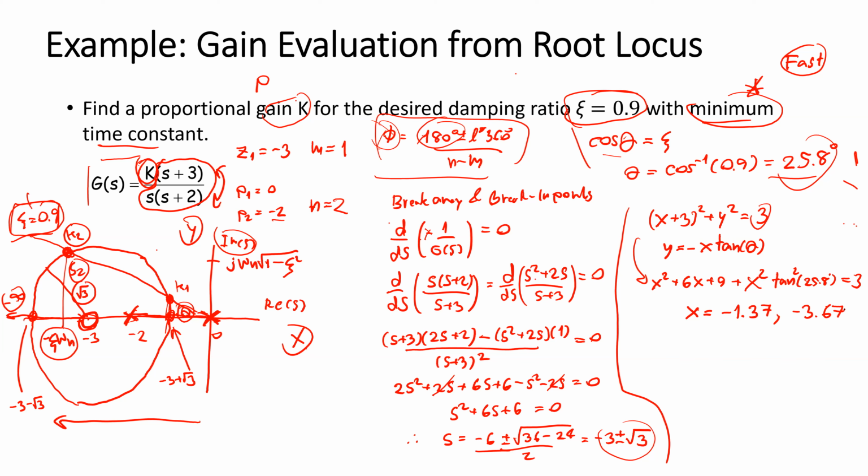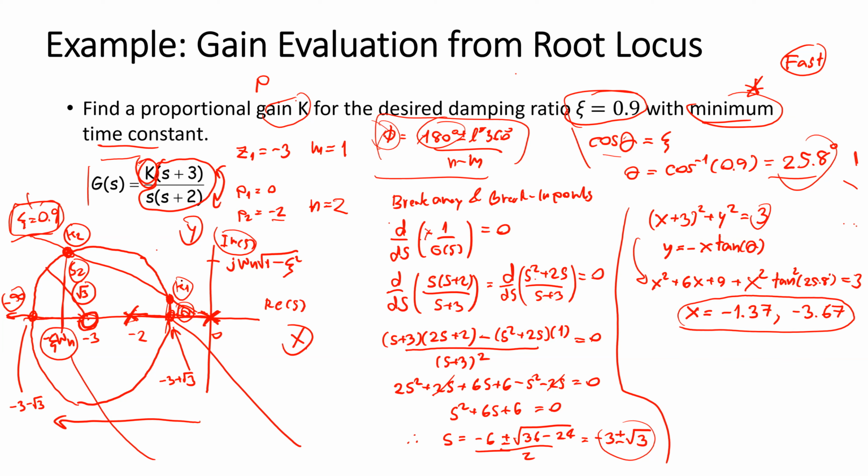The meaning is the real part at this first intersection and at this second intersection that relate to K1 and K2.